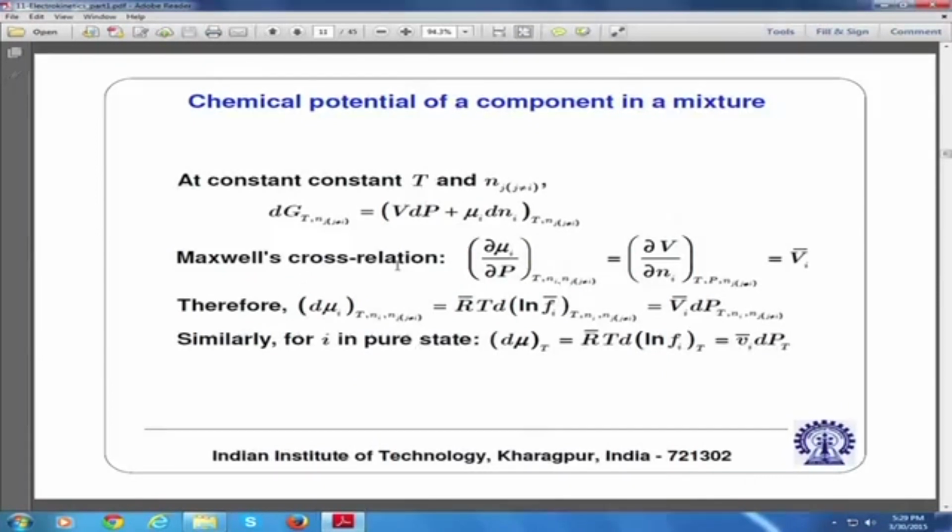Now, to calculate the change in volume due to mixing, we considered the following expression.